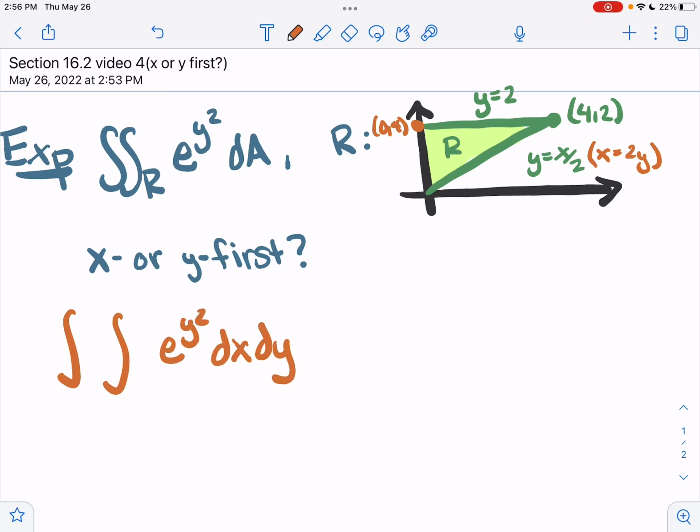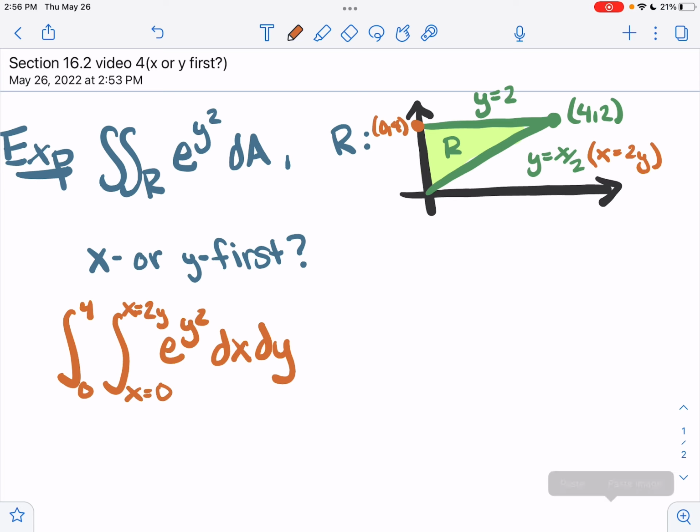If we want to do it x first, we would want x to be 0 on the left up to x equals 2y on the right, and y is going from 0 to 4.